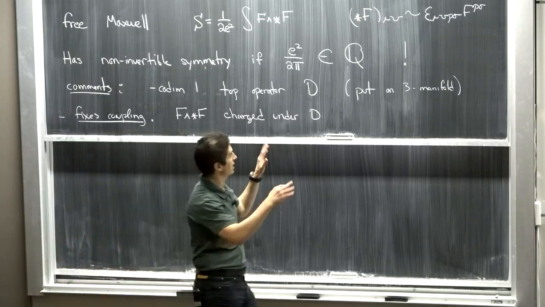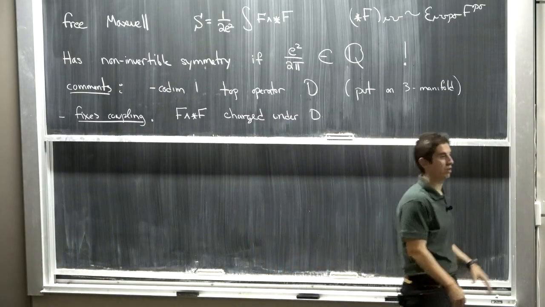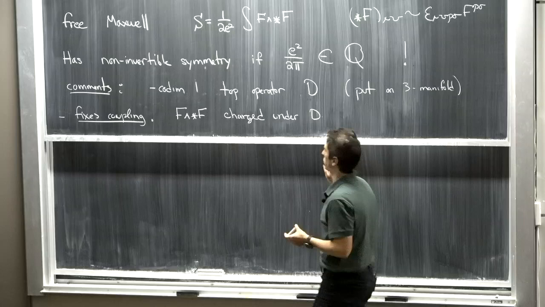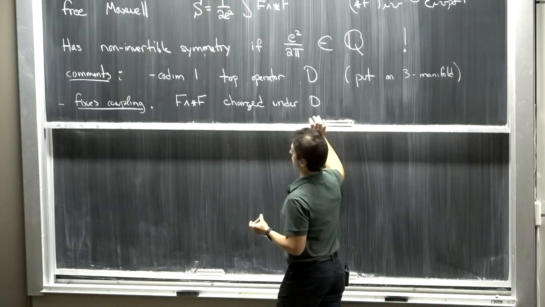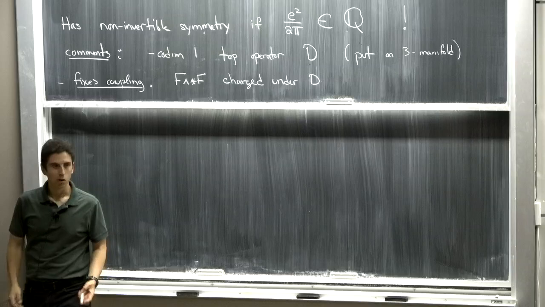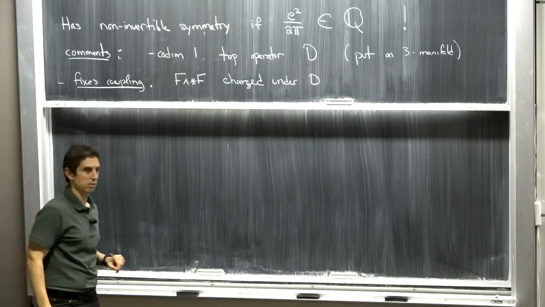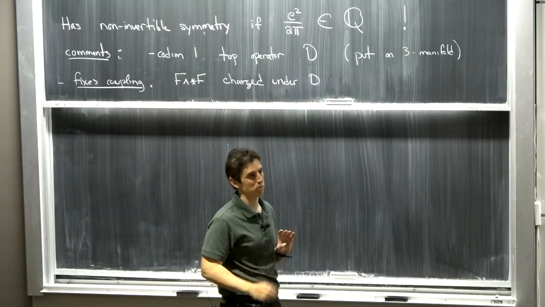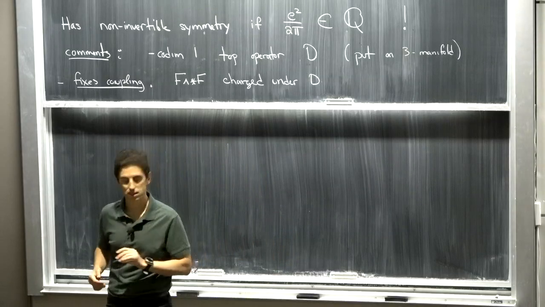Okay, not in flat space, we know the spectrum exactly, but suppose you put it in some cavity with some boundary conditions. Okay, then you can study the spectrum, and the spectrum will have some degeneracies predicted by this operator, and you could try to verify them, and they would change depending on what the rational number is. So one of the things that is not obvious from what I said is what's the relationship between nearby rational numbers? Actually, the symmetry is totally different, so the predicted degeneracies would be quite different. So there's not really any smoothness there.